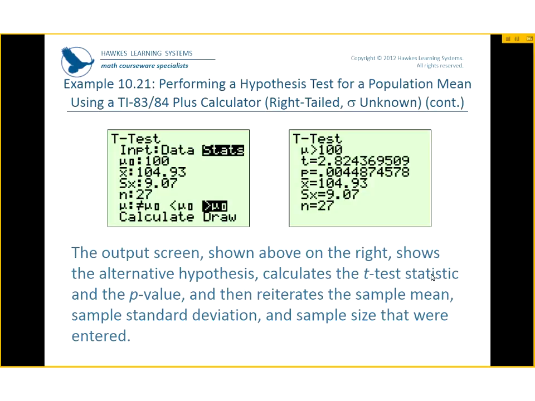And then, let's see what you get. Hit enter again. Did you get this? The mean is greater than 100, t equals 2.82, which is your t-test statistic, and p is 0.00448. It gives you the rest of your stuff too.